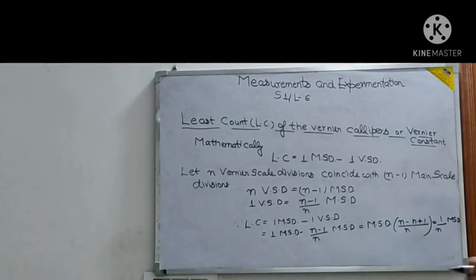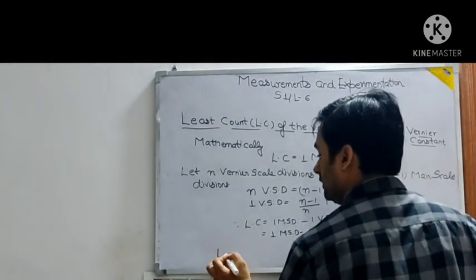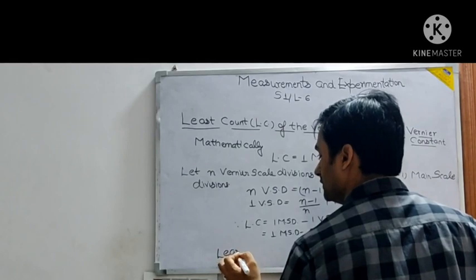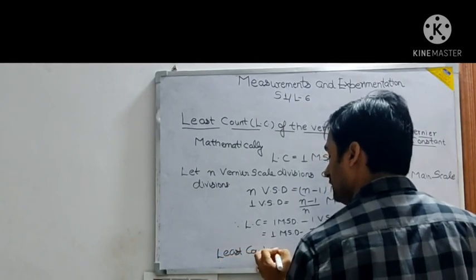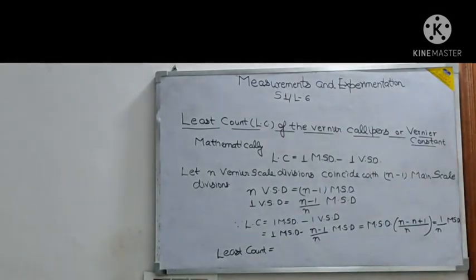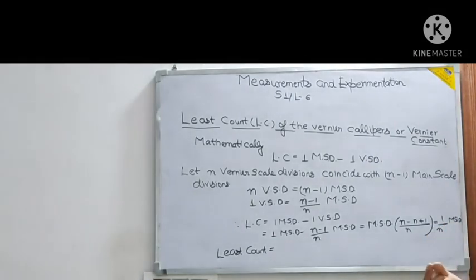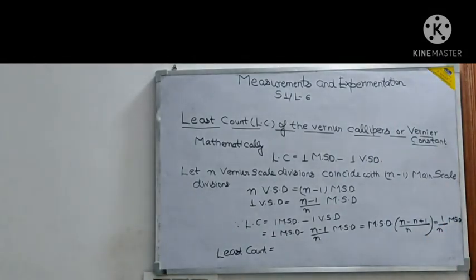That means you can say, therefore least count will be equal to what? It will be equal to the value of 1 MSD, meaning the value of 1 main scale division, upon n. What was n? n was the number of divisions of the vernier scale.